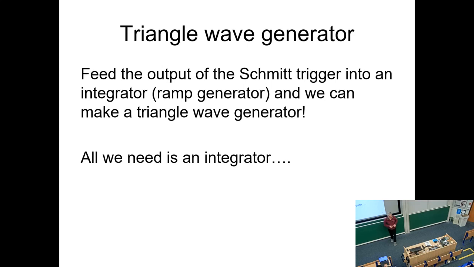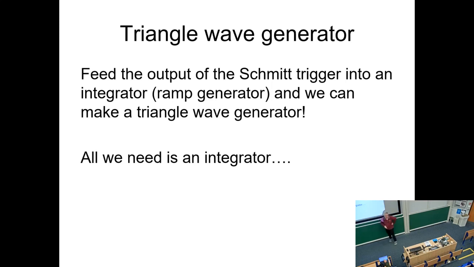And we can go further. If we fed the output of the oscillator, which is a square wave, remember, into an integrator, we can make a triangle wave. And triangle waves open up the door to all kinds of interesting systems like pulse width modulation.